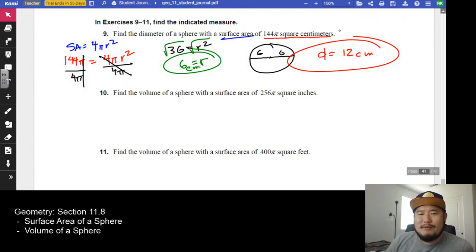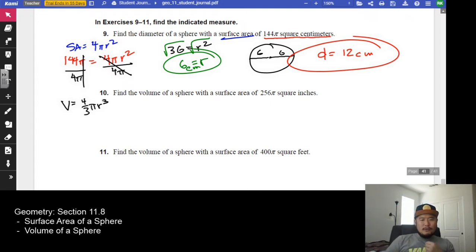Last one, number 10. It says find the volume of a sphere with a surface area of 256 pi square inches. So let's see here. We got volume, which happens to be 4/3 pi r cubed. Okay, cool. But wait a second. They give us the surface area. How can I find volume with surface area? How does that tie hand in hand?